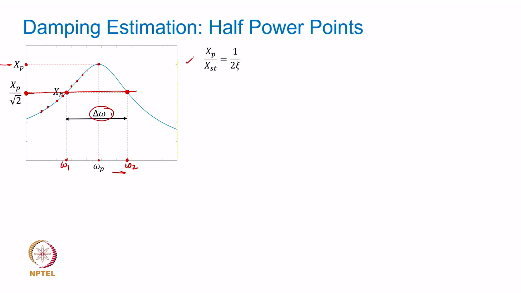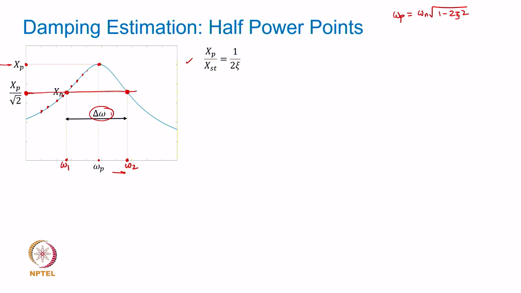Having said this, what is xp over xst? You remember from the previous slide, the peak response amplitude ratio is equal to 1 by 2 zeta. That is how we derived that, right. Omega p was shown to be omega n square root of 1 minus 2 zeta square, and if I substitute this frequency ratio omega p by omega n in the original expression, I get xp over xst equal to 1 by 2 zeta. That is the value that we already know.